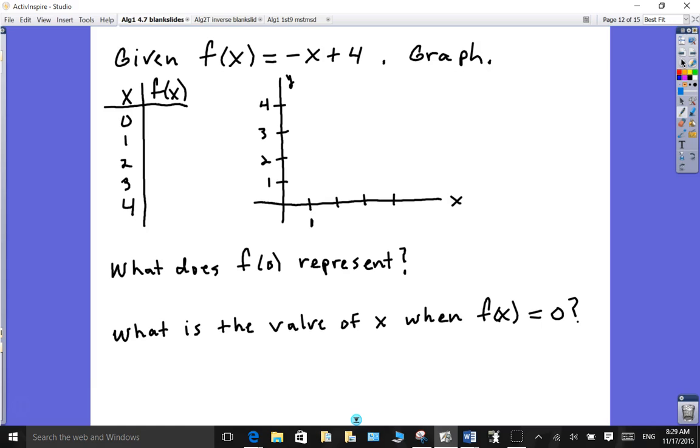What is f of 0? Right, plug in 0, what do you got? 4. What is f of 1? Negative 1 plus 4, 3. What is f of 2?